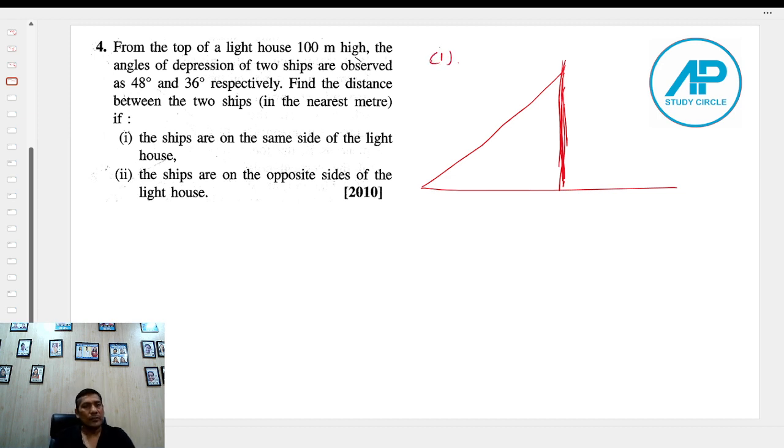Now read questions carefully. They are saying that the lighthouse is 1800-meter high. The angle of depression of two ships are observed to be 48 and 36 when the ships are on the same side of the lighthouse and when the ships are on the opposite sides of the lighthouse.